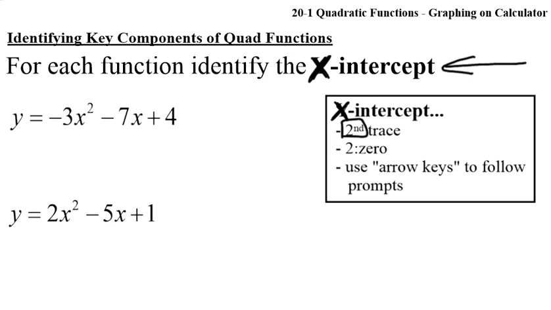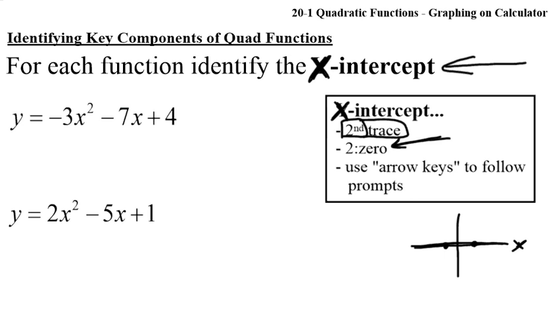Second trace, that's not new. This time we want the zeros. The x-intercept happens on the x-axis, so we want it when y is 0. That's kind of how I think of it. And then we use the key prompts.